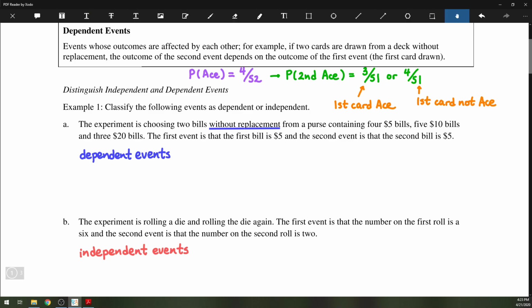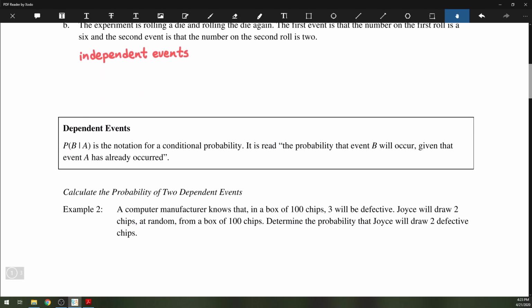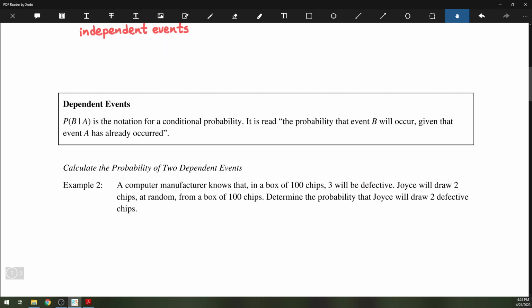So usually, in the context of independent and dependent events and probability, we have to have a notation. Dependent events are denoted usually with some kind of conditional probability statement.